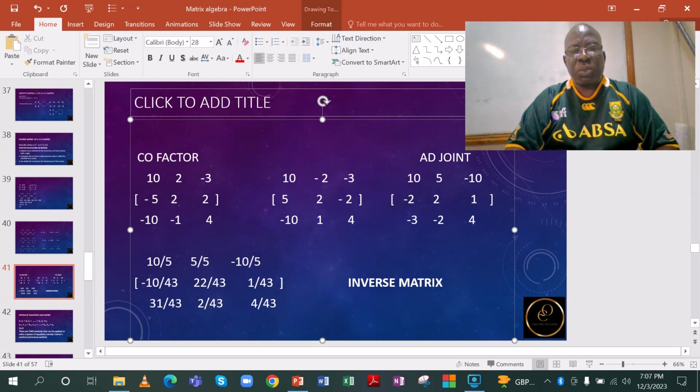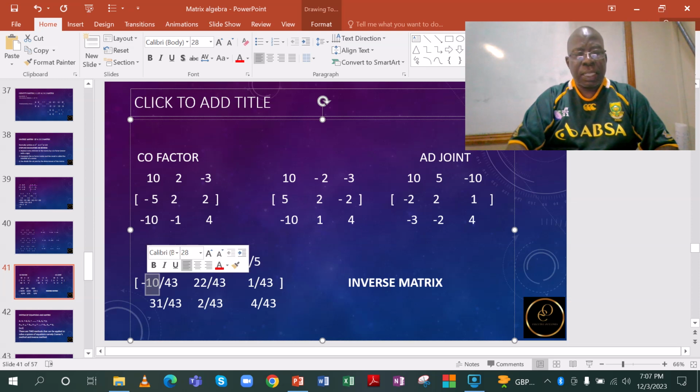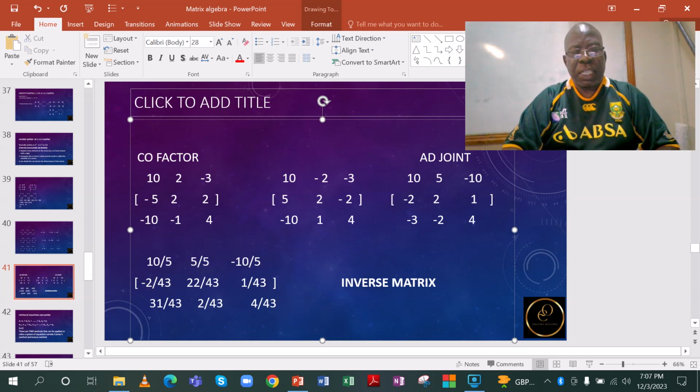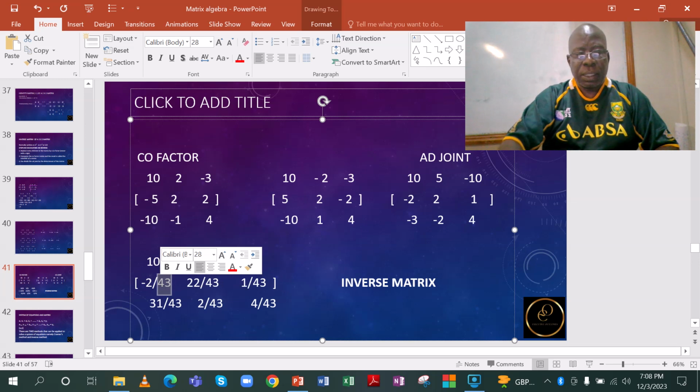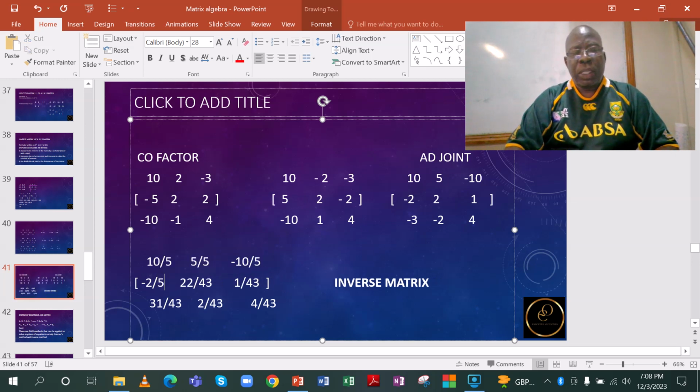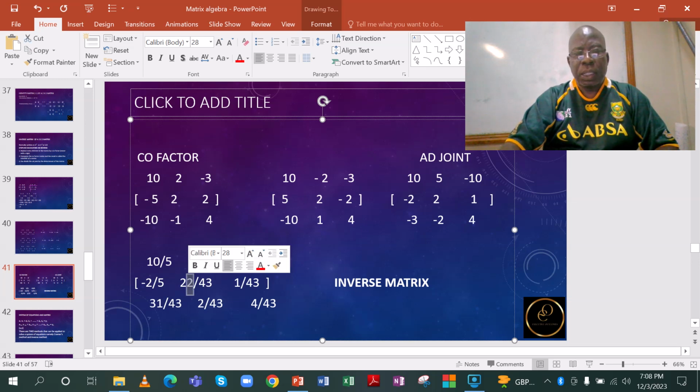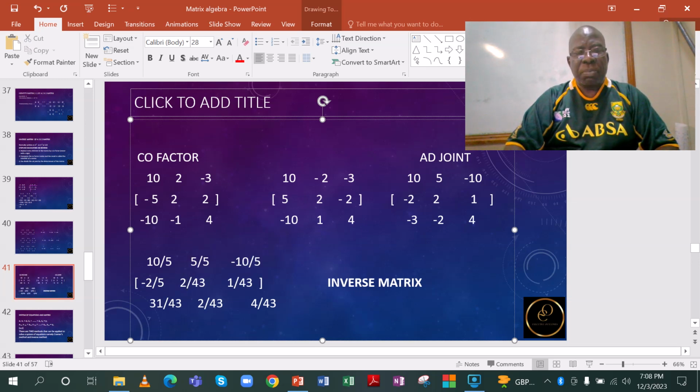Then this one will be 2 divided by 5, negative 2 divided by 5. Then here it will be positive 2 divided by 5.